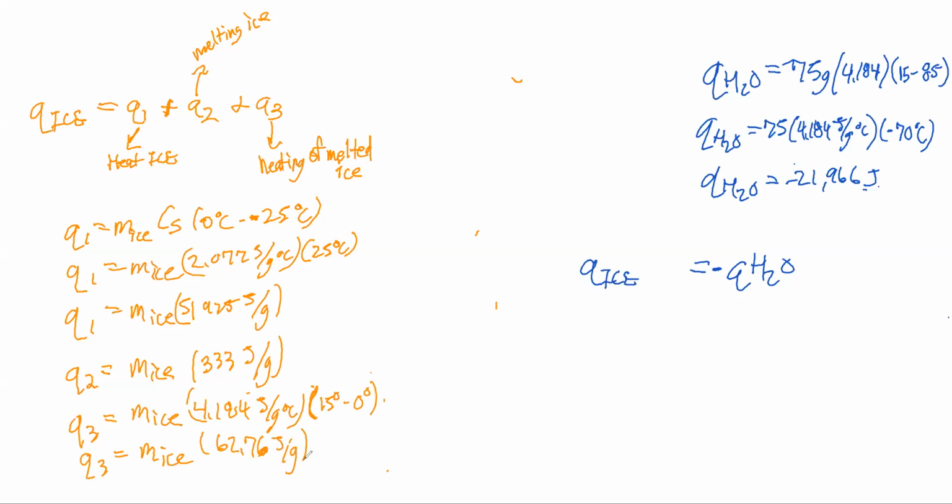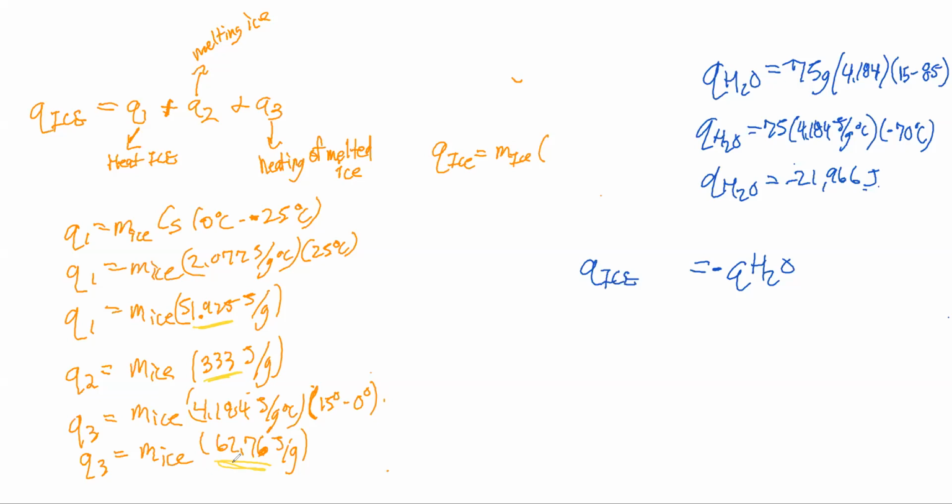So we want to go ahead and consolidate those together so we can get one expression. So Q of ice is equal to the mass of ice times, and then I'm going to add in this 51.925, the 333, and this 62.76. We'll add them all together.